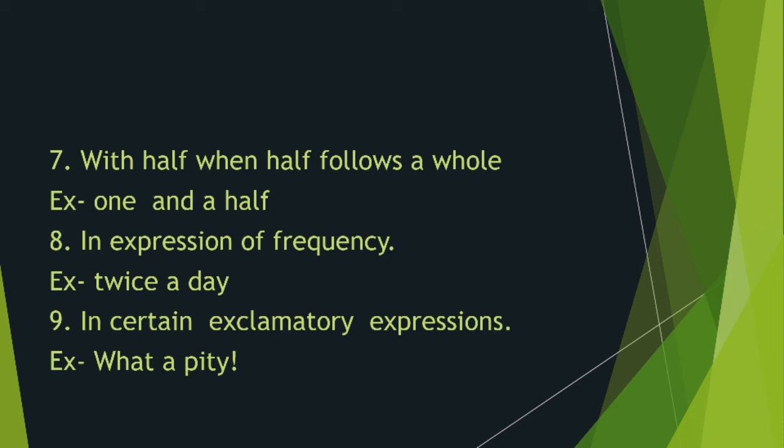So 1 क्या है? Full number है, whole number. Okay. And half means उसका half. So when half is followed by a whole number like 2.5, 3.5. So हमेशा हम a use करते हैं ना half से पहले, right? Like 5.5. In expression of frequency, what is frequency? कितनी बार हुआ है कोई काम? Twice a day, thrice a day, once a day.